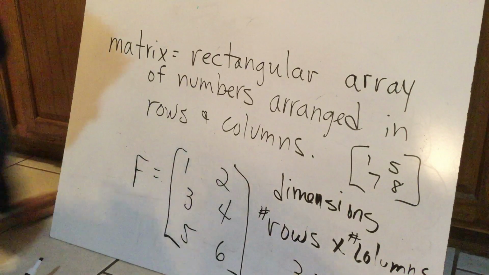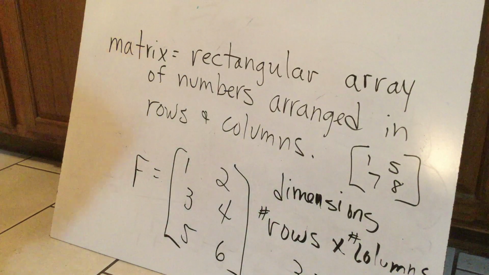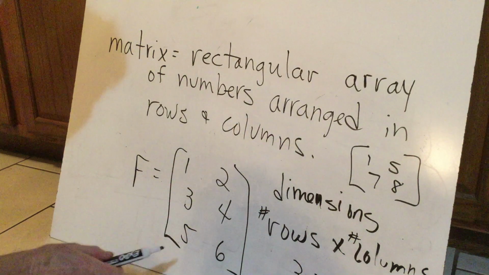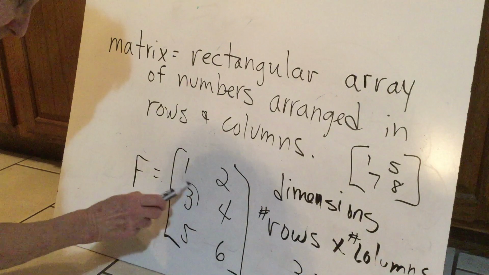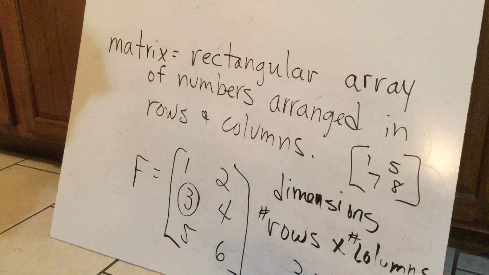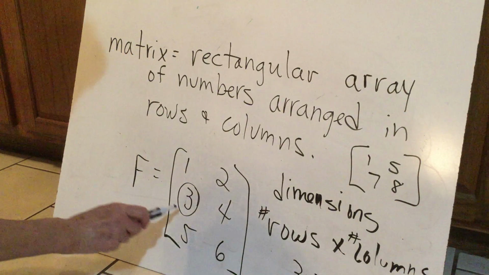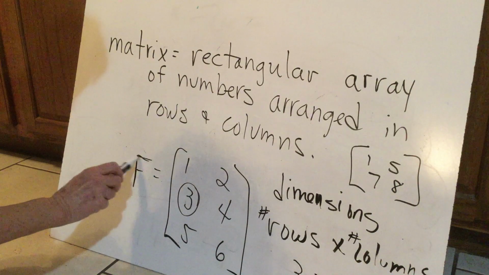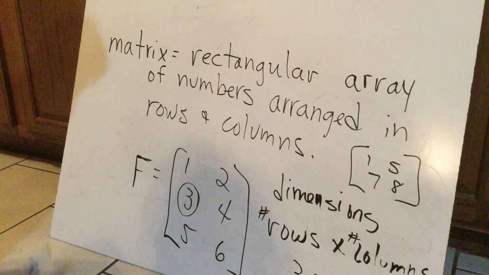Now, this is a notational thing that you need to pay attention to. If I want to talk about, let's say, this number right here, that entry in the matrix, he is a member of matrix F, and I use capital letters for my matrices.